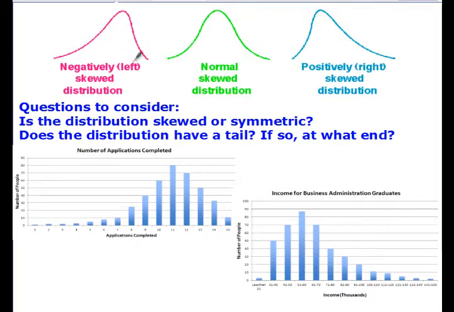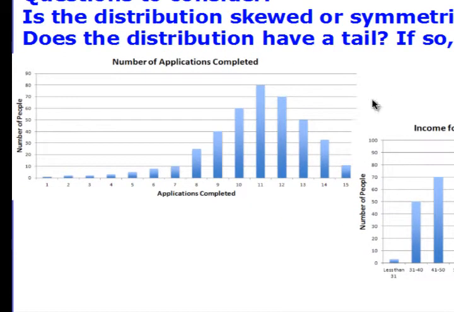Wherever the tail is, that's the direction it's skewed. This is a symmetric one, so high in the middle. And then this is a positively or right skewed, so the tail's on the right side of the distribution. So questions you consider: is it skewed or symmetric, and does the distribution have a tail, and if so, at what end?